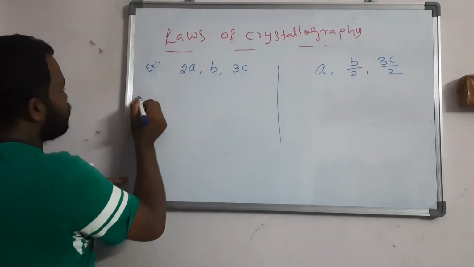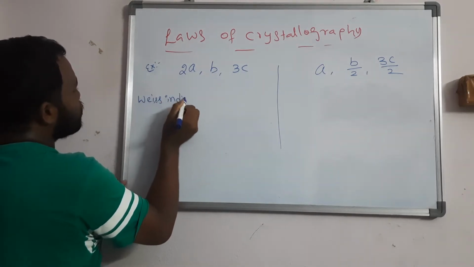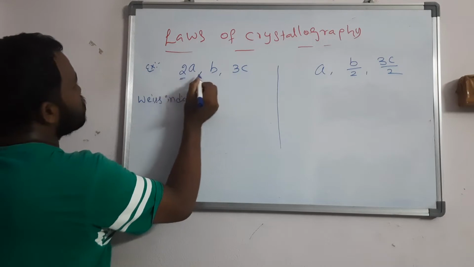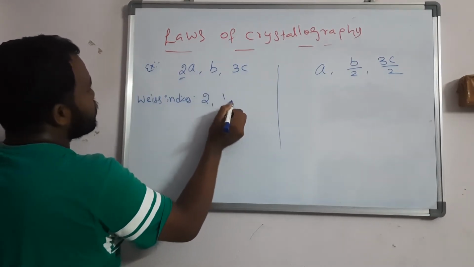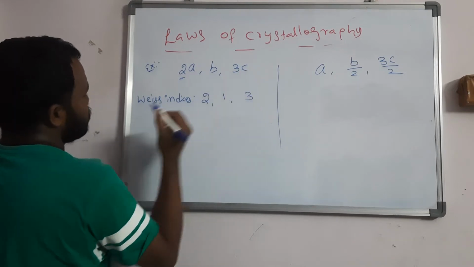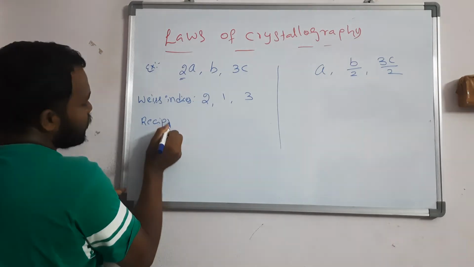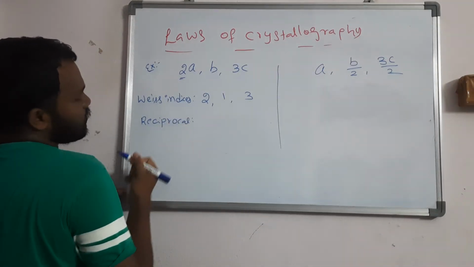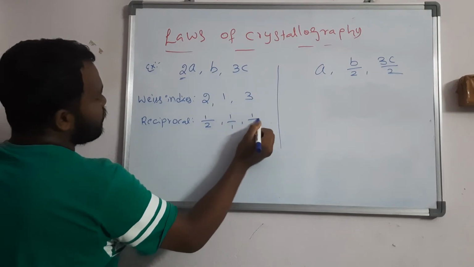What I told you: first you should write the Weiss indices. What are those? The A coefficient is 2, the B coefficient is 1, and the C coefficient is 3. Then write the reciprocal: 1 by 2, 1 by 1, and 1 by 3.